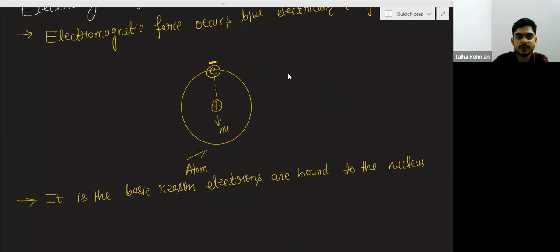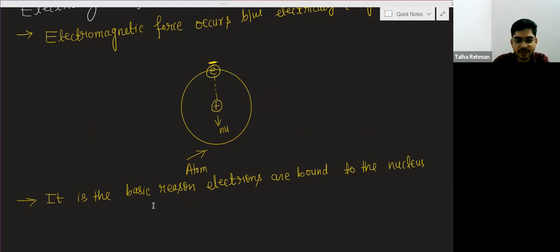Okay, so this is the nucleus, this is the atom. Basically this nucleus has positive charge and this electron has negative charge. So there is an electromagnetic force between the electron and the nucleus.